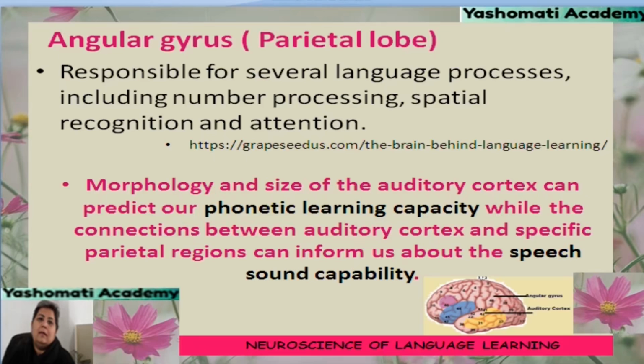So, these are some of the areas of the brain which are very closely linked with language learning.